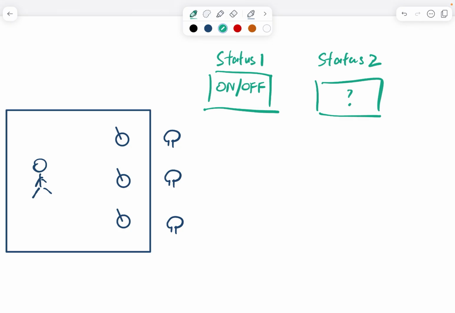So whatever the light bulb is, it might be LED or something, it must generate some heat. So heat can actually be your second status.